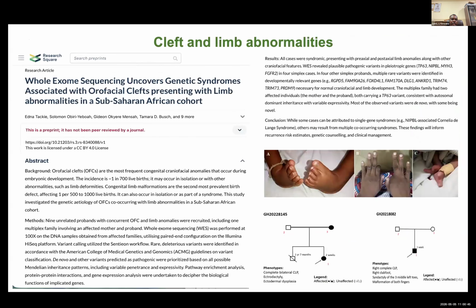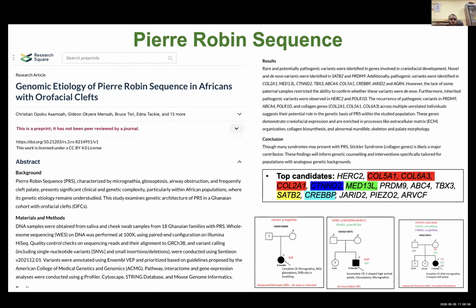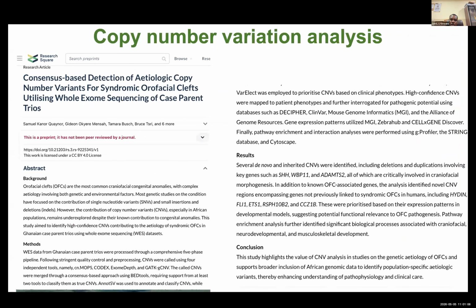Unfortunately, as I said, these data sets are largely lacking. So these are a few manuscripts that are under review from the data set that we are sharing. One is a manuscript on cleft presented with limb abnormalities. We also have one on Pierre Robin sequence. The beautiful aspect is that we are presenting new syndromes, and we are showing new variants and probably new candidate genes associated with them.